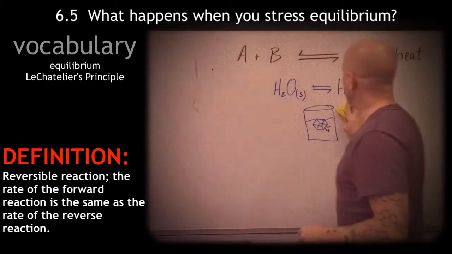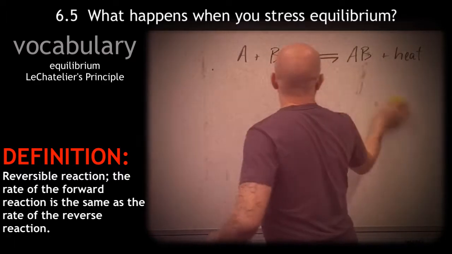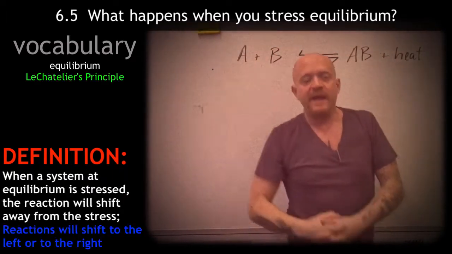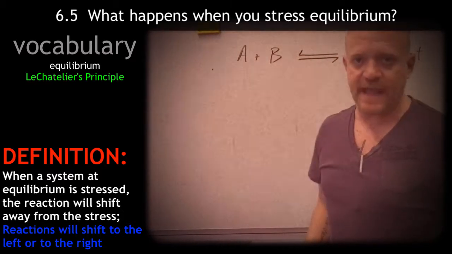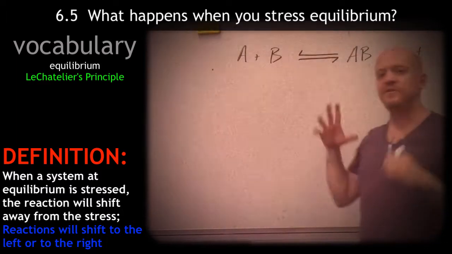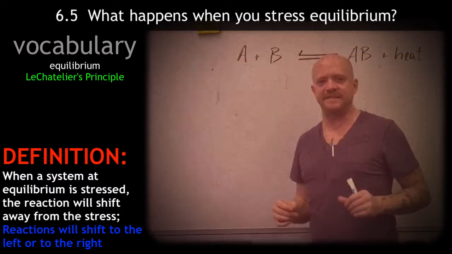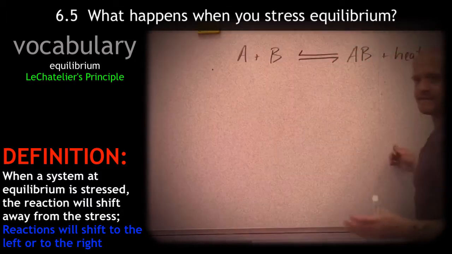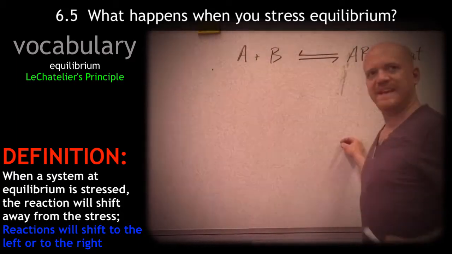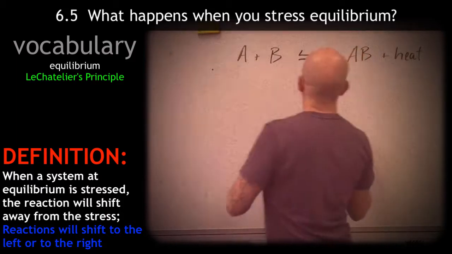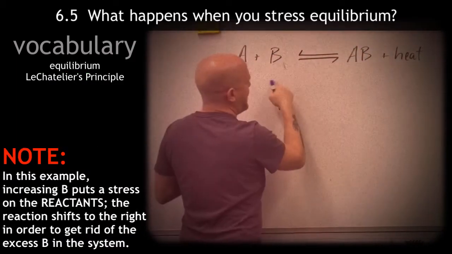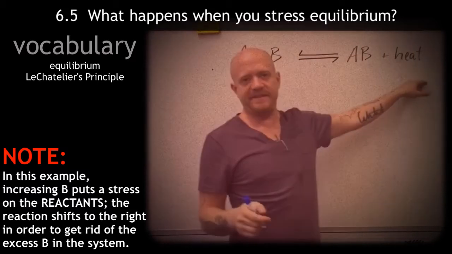Now, one thing that I would like to tell you about is Le Chatelier's principle. He was a French scientist, and he discovered that when a system is at equilibrium and you add something to stress that system, it's going to react in a way that relieves that stress. What does that mean? For example, let's say I have A and B yields AB plus heat.